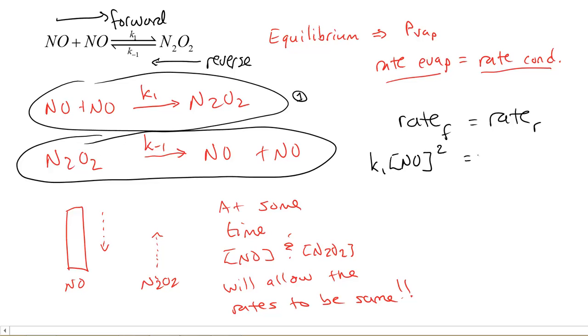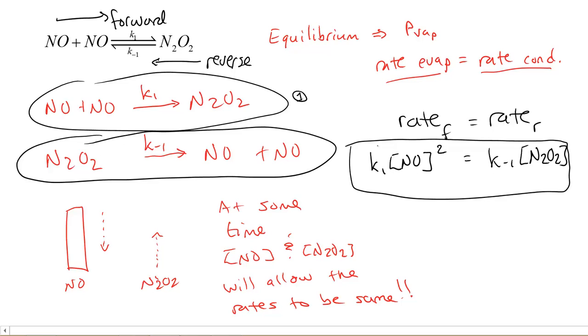And that's our rate forward. Our rate reverse is equal to K-1 times N2O2. This is a new little relationship between the concentrations. When we reach equilibrium, where the two rates are the same, we have this relationship, which is just a bunch of symbols that can be mathematically manipulated. Let me show you how that can work for us.